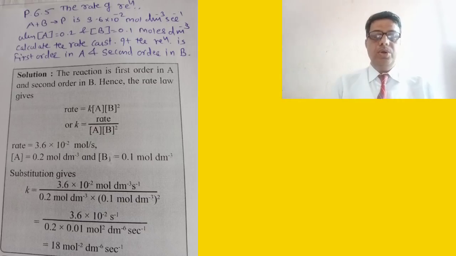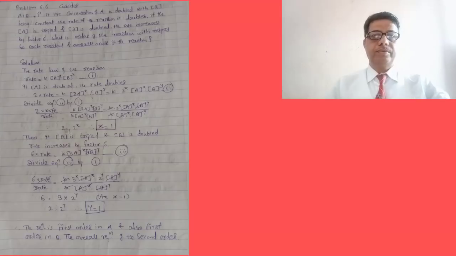So students, we see the last problem, problem number 6.6. Here there are some mistakes in your book, so solve this problem or see carefully on your screen. So what is the problem?